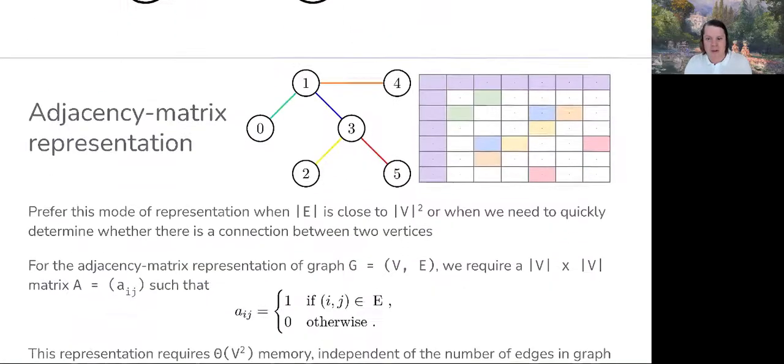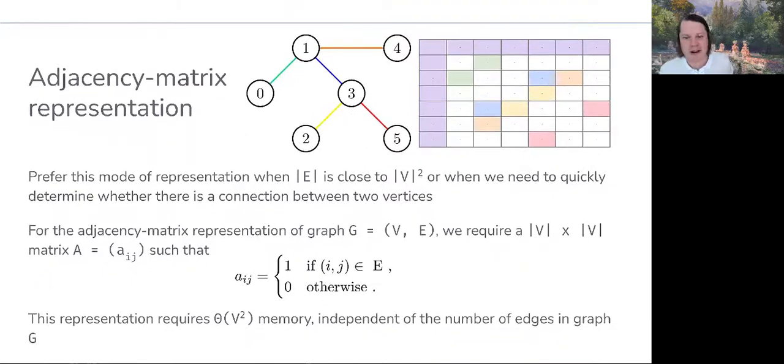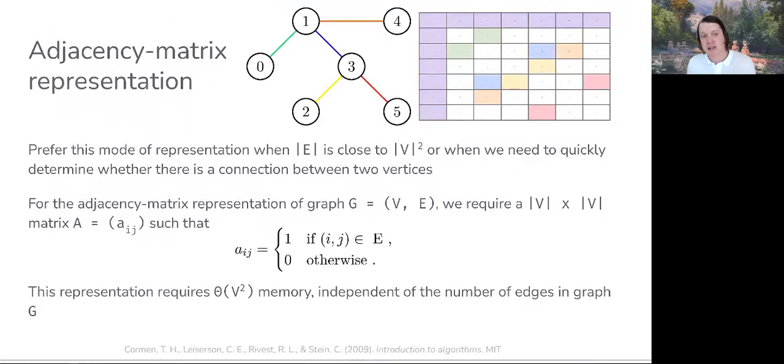Oh, but before we do, one more slide. Didn't mean to tease you, but let's say this adjacency matrix representation, let's prefer this mode of representation when the number of edges is close to the number of vertices squared, or when we need to quickly determine whether there is a connection between two vertices.